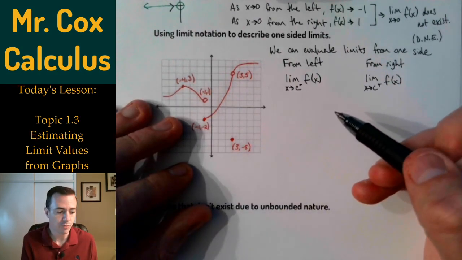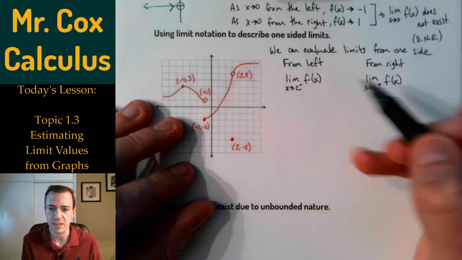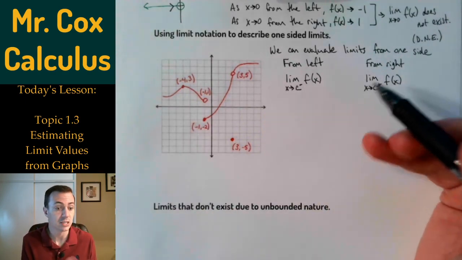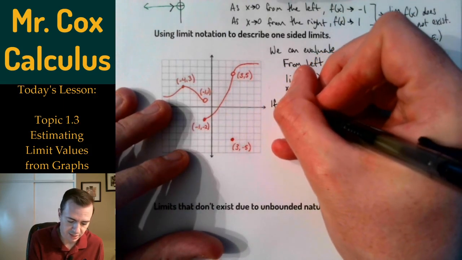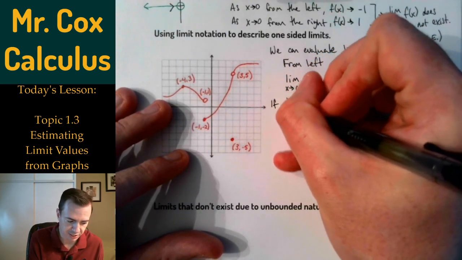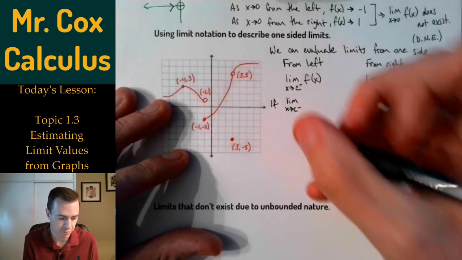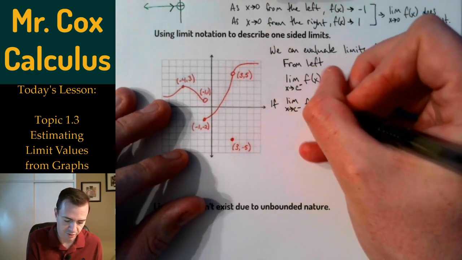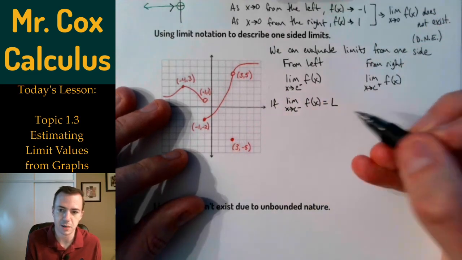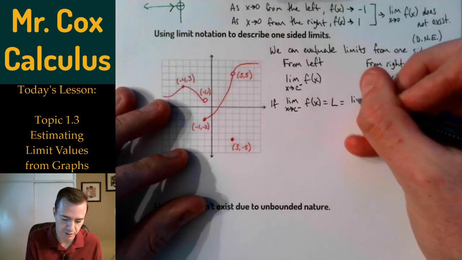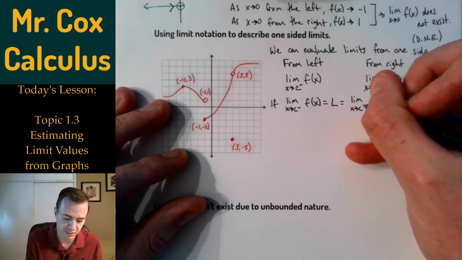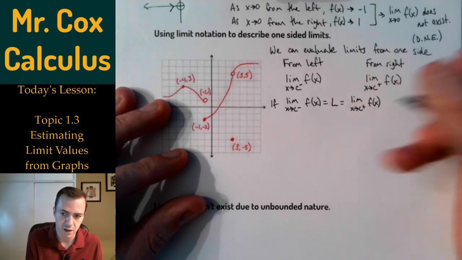Now then, in order for the limit to exist, these one-sided limits have to match, and that's what we saw in that previous function. So we can say if the limit as x approaches c from below, or from the left, of our function f of x equals some value L, and that also happens to equal the limit as x approaches c from above of f of x.